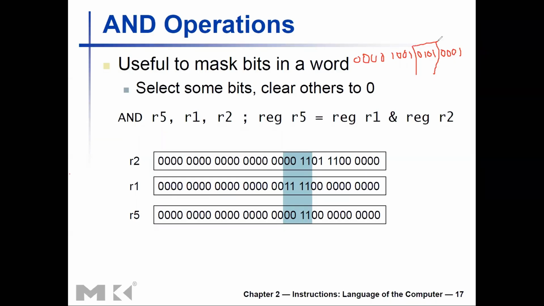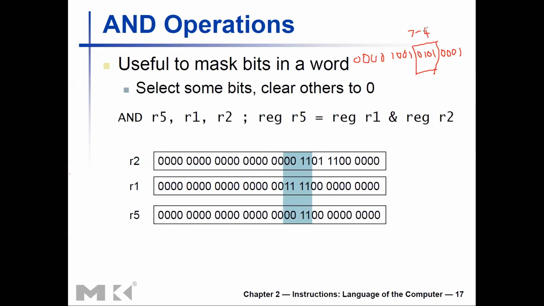For a certain application, we need to mask out these 4 specific bits, starting from the 4th bit to the 5th, 6th, 7th bit, that is 7 to 4.